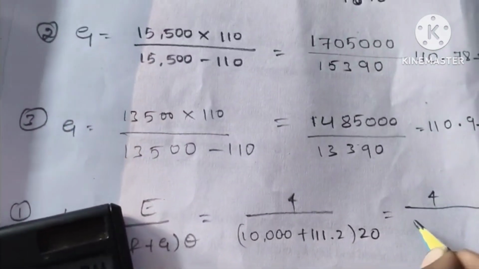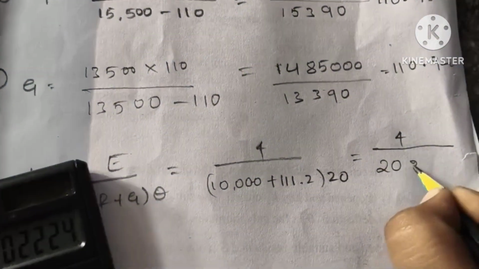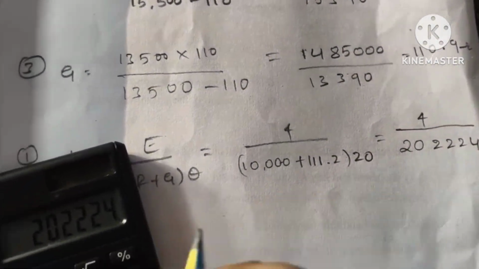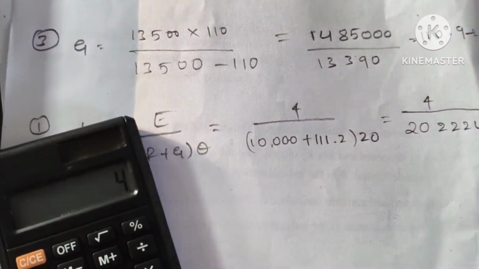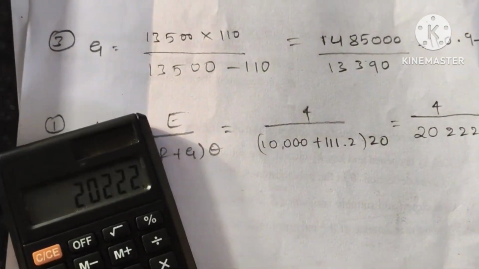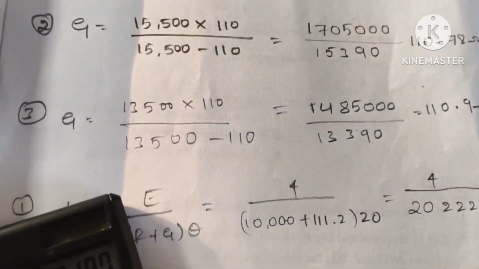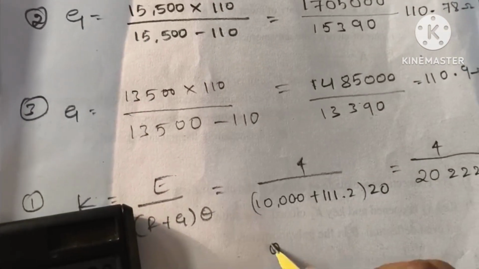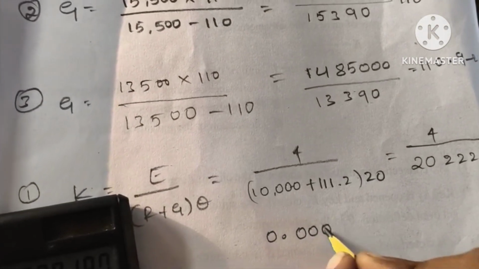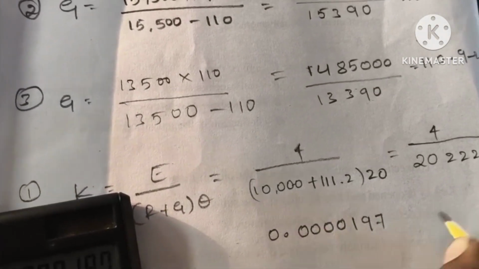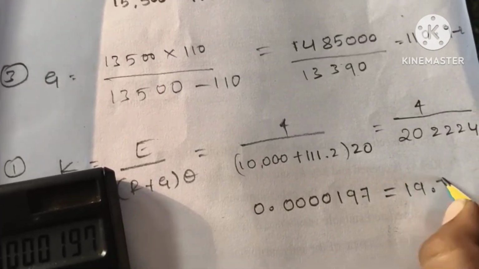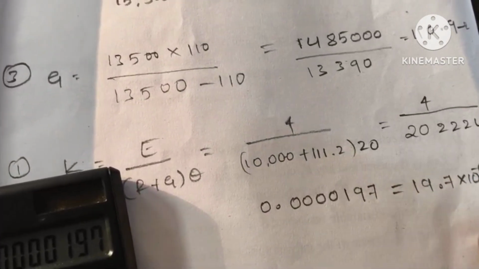It will go to 4 divided by 202,224, that is the answer. 0.4 times 10 to the power minus 4, 197. Then we have to consider it as 19.7 into 10 to the power minus 6 ampere per division.